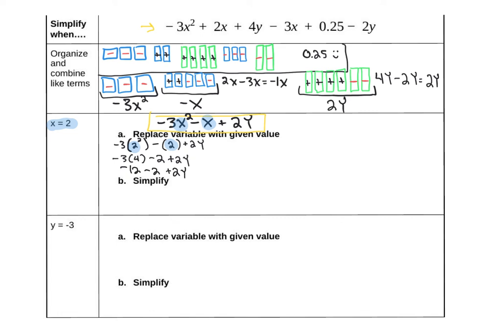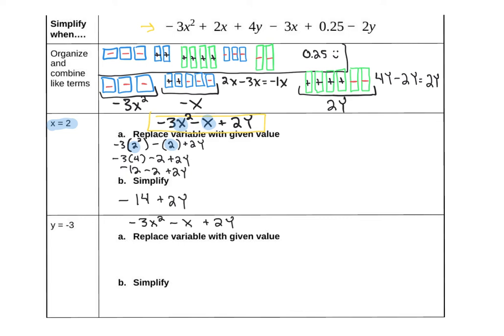And then negative 12 minus 2 is negative 14. So I can actually say that my final expression here is negative 14 plus 2y. And you're as simplified as you can get. Go ahead and try this last one on your own and then check on back and see how you did.